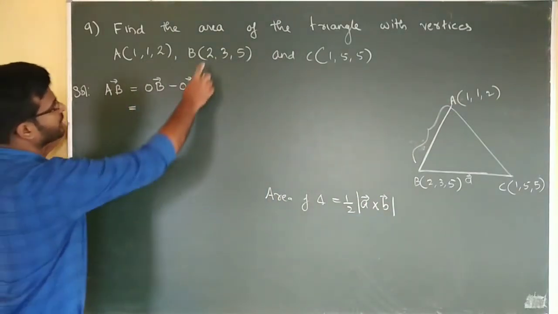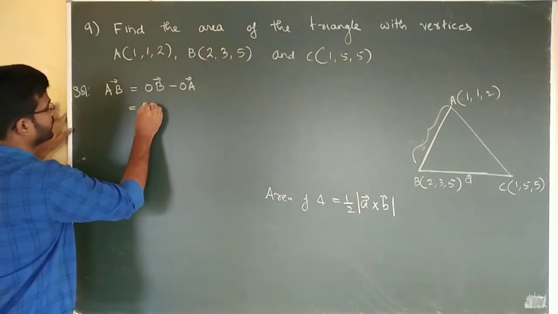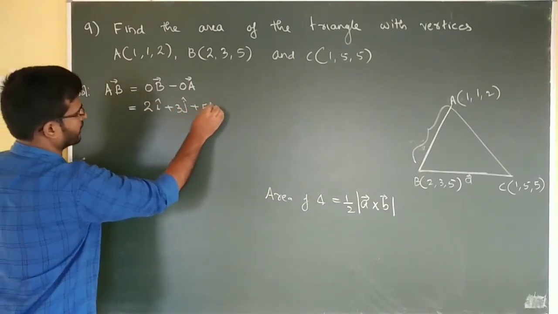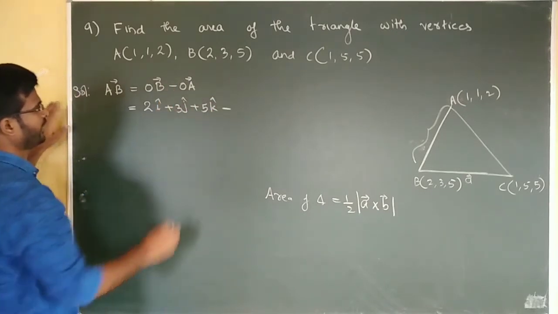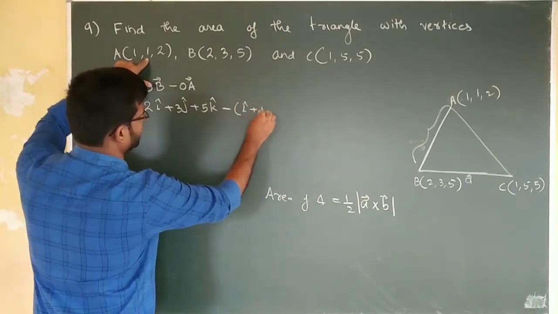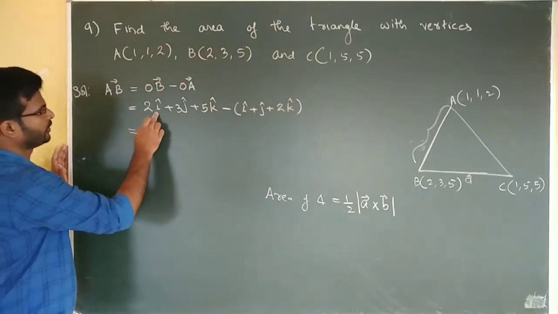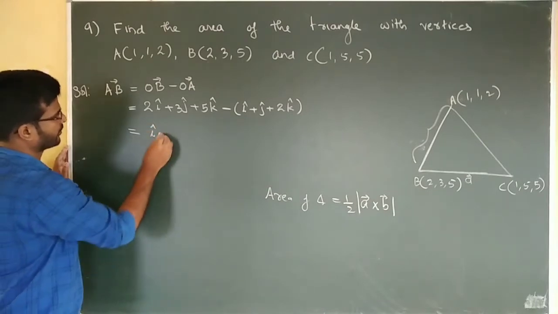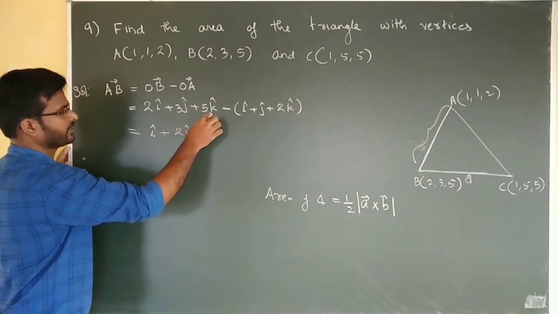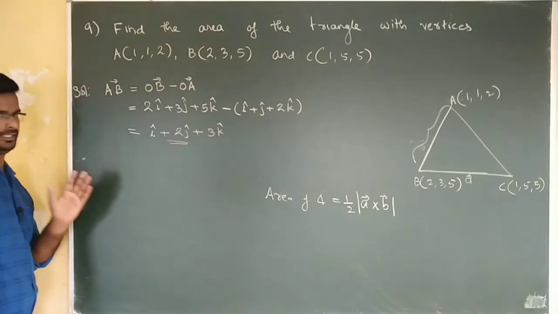OB vector, from here we can write, is 2i plus 3j plus 5k, minus OA vector, from here we can write i plus j plus 2k, equal to 2i minus i is 1i, plus 3j minus j is 2j, 5k minus 2k is 3k. Now we got AB vector.